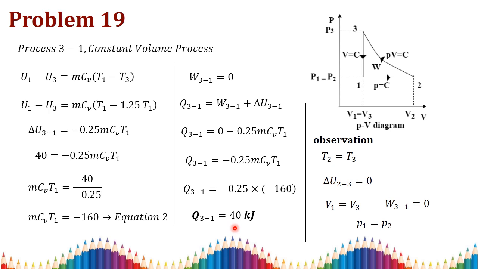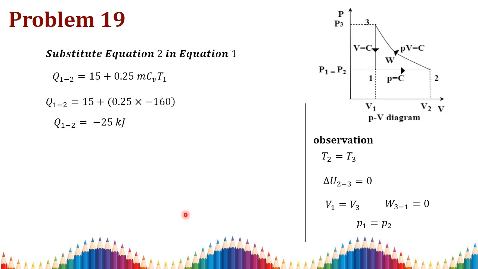As you remember, in the first case, equation 1, we kept the value as mCV T1. In that equation you substitute the mCV T1 value as minus 160 to get Q of 1 to 2. So substituting equation 2 in equation 1, you get Q of 1 to 2 as 15 plus 0.25 mCV into T1, so Q of 1 to 2 is minus 25 kilojoule.